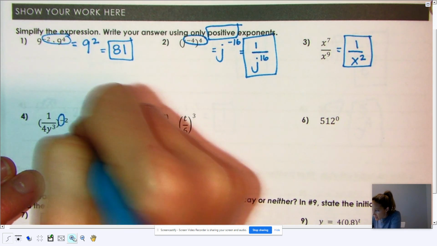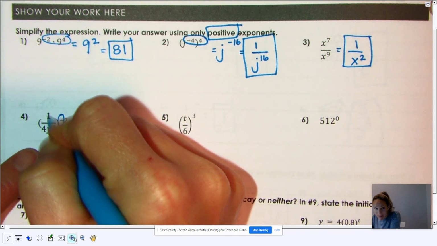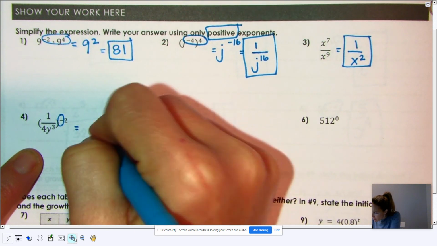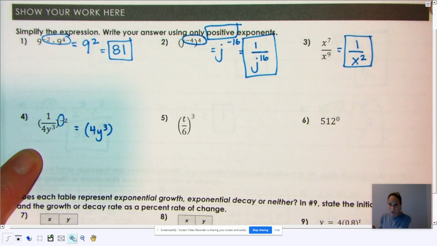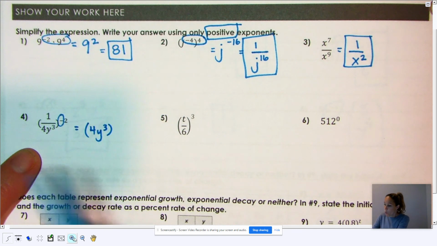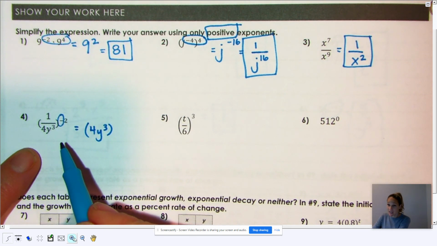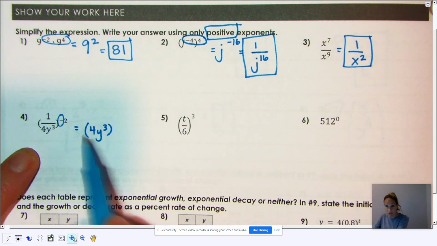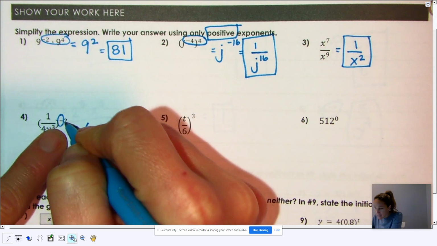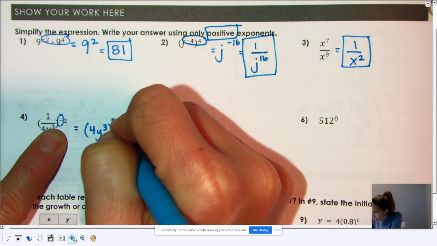That negative will flip this fraction. So I would have 4y to the third, and I don't really have to write over 1 because dividing by 1 doesn't change my answer. 1 divided by something is significant, but if I'm dividing by 1, that doesn't change the value that I have, okay? And then this now, instead of being a negative 2, is a positive 2.